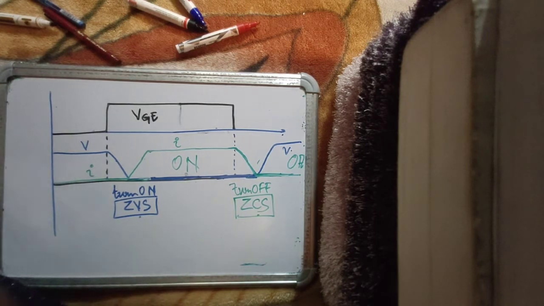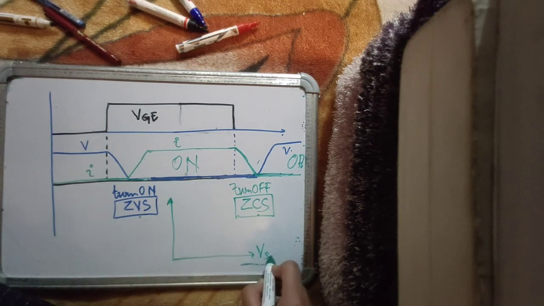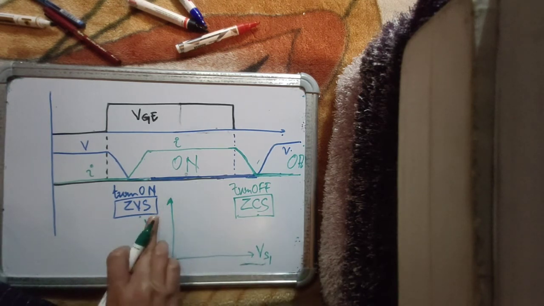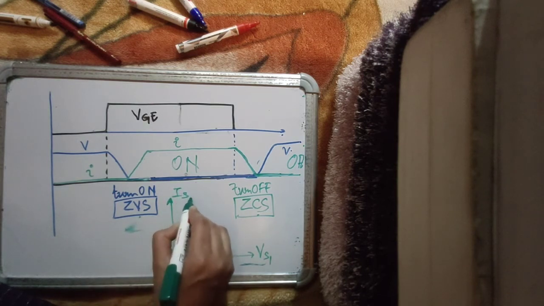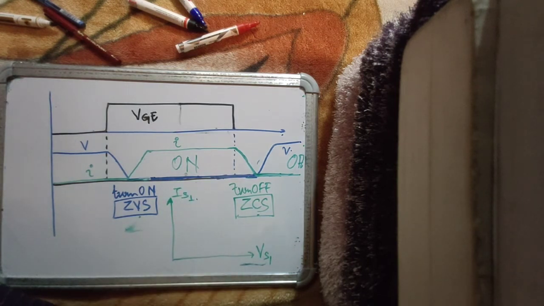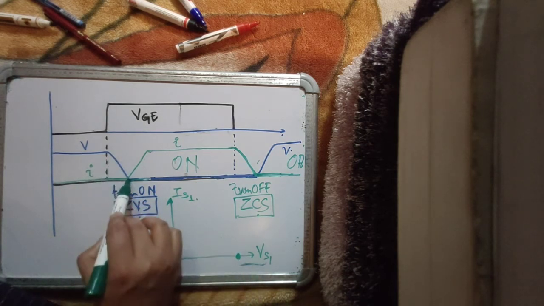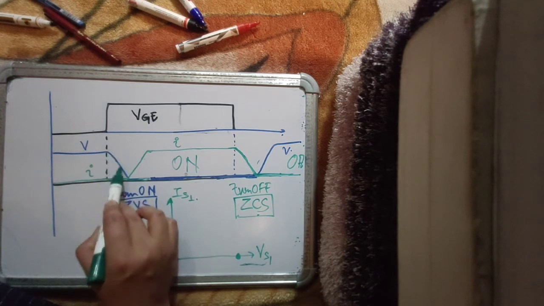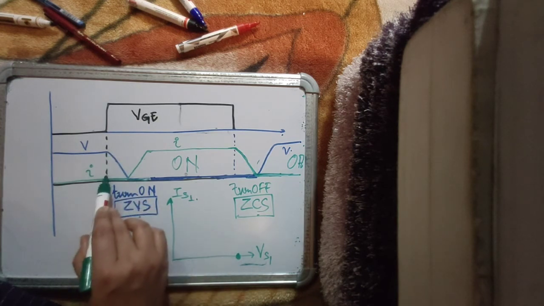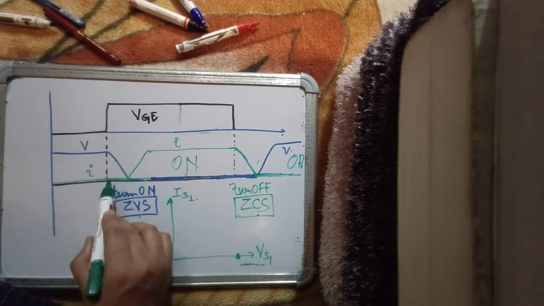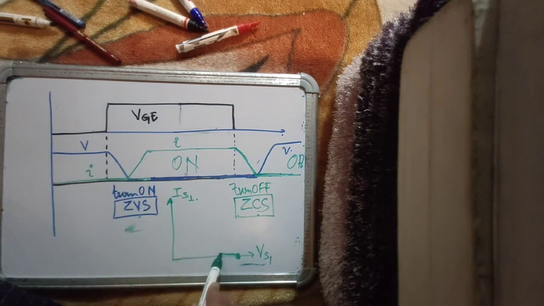But if we see the VI curve, the voltage current curve, this is voltage across the device, this is current through the device. Suppose the device is off, so it is blocking some voltage without carrying any current, right? First the voltage will start falling without any increase, or say marginal increase, in current.